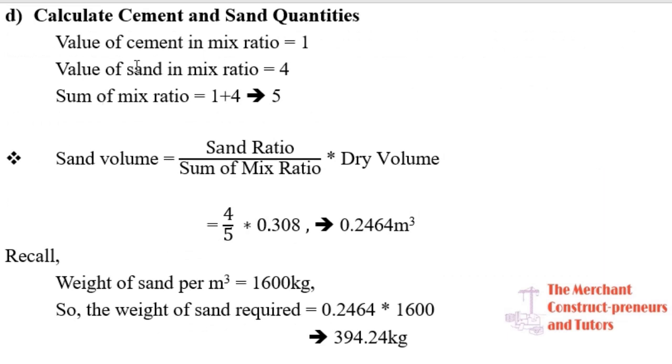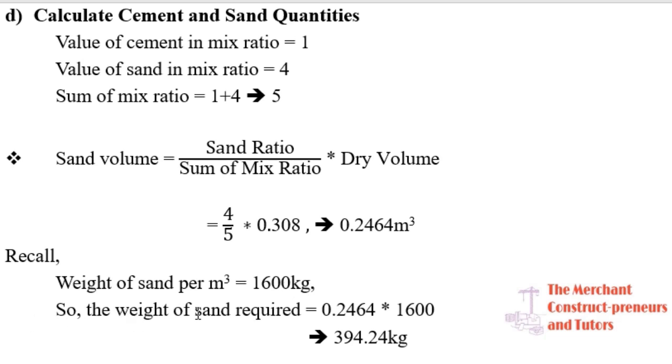So now the sum of the mix ratio, 1 plus 4 equals what? 5. Now for sand, let's go for sand first. Sand ratio is 4, sum of mix ratio is 5, multiply by dry volume. Once you multiply this, you have this value. Now we need to recall that the weight of sand per cubic meter is what? 1006 kilogram.